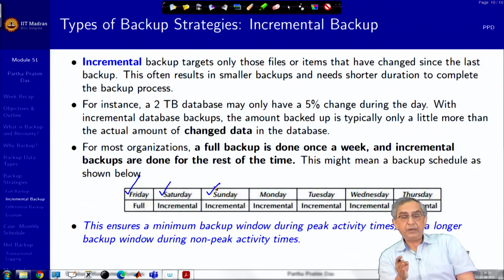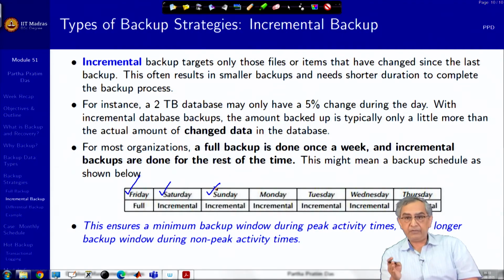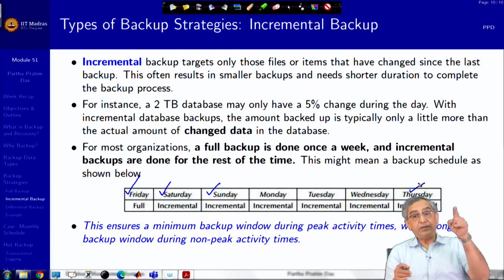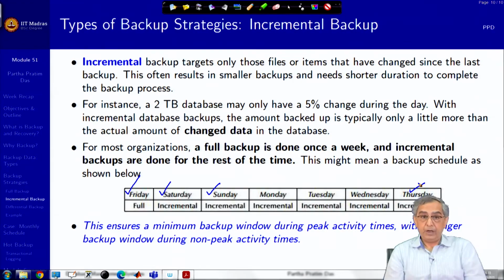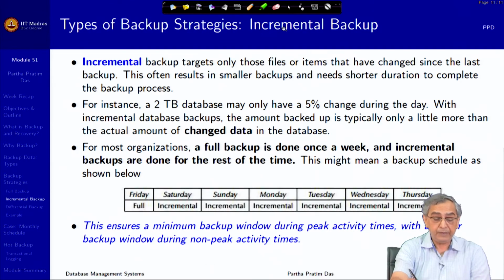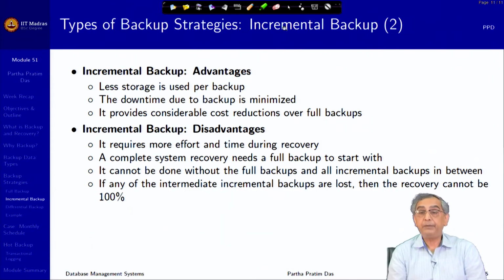Monday they do incremental over Sunday, Tuesday they do incremental over Monday, and so on. It goes on till Thursday, and again on the next Friday they do a full backup. So, this ensures that most of the time you need a minimum backup window, which you can place at a non-peak time and keep the best possible throughput from your system. So, this is the basic idea of the incremental backup.